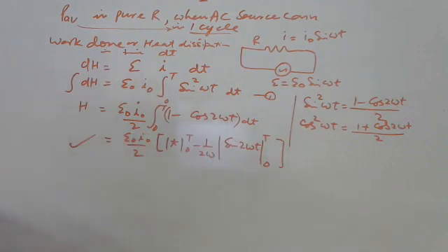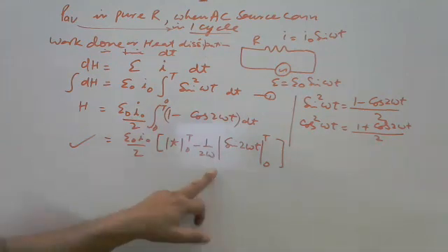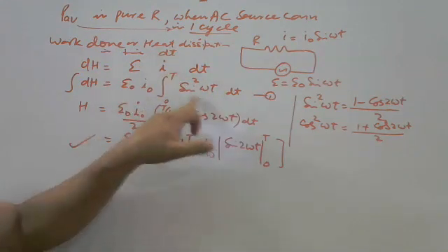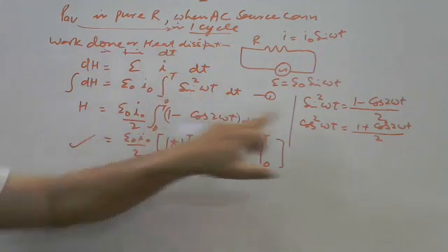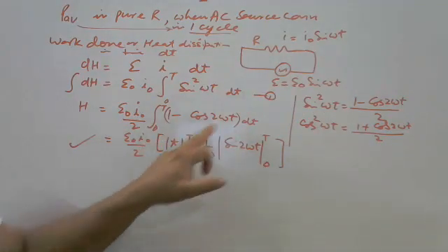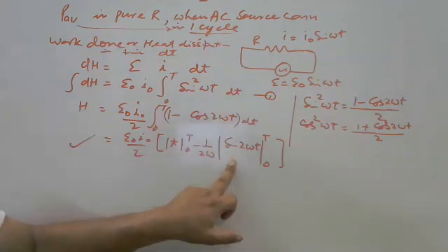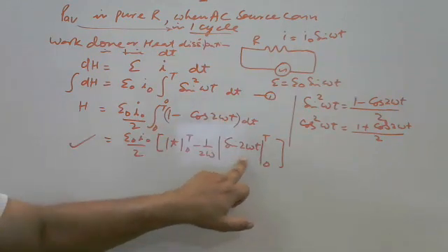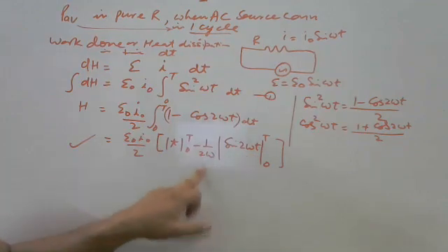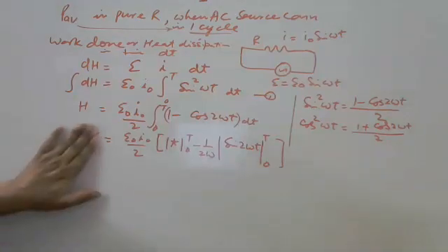Up to this point, if there is any doubt, please ask. As no one is asking, it can be considered that there is no doubt. Up to this line: EI dt, putting the values of E and I, replacing sin square omega t with 1 minus cos 2 omega t upon 2, integrating 1 dt gives t only, and cos 2 omega t integrates to sin 2 omega t upon 2 omega. Any doubt?